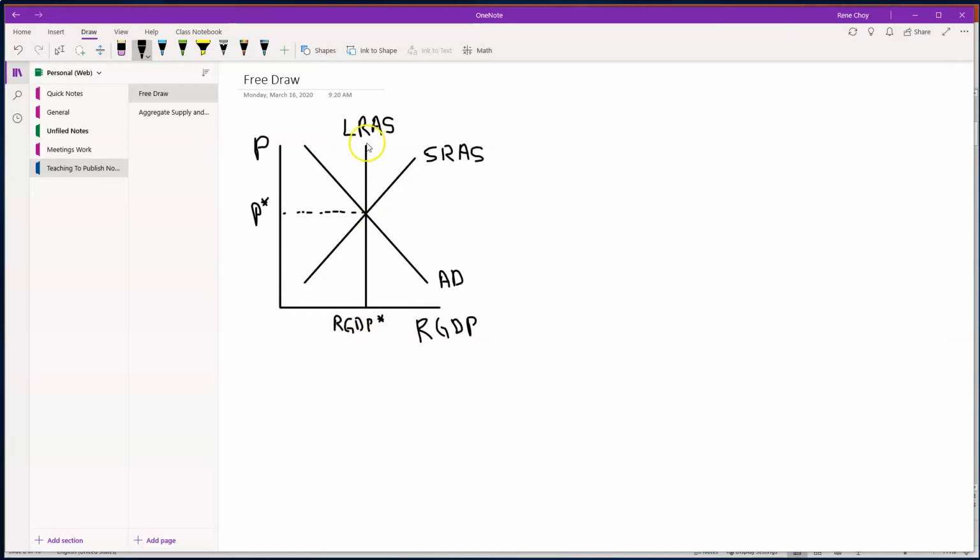Now the long run line determines real GDP, but in a sort of potential future. And this real GDP has to do with the sort of natural level of the economy.